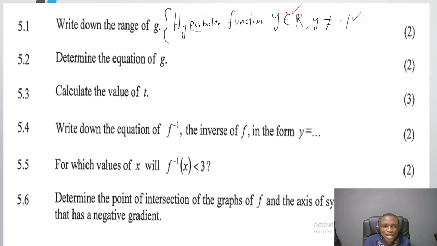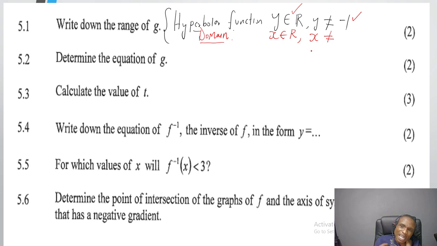Okay, now the second question. This guy now wanted the range of g, but what if he wanted the domain? Next time he might want the domain. So the domain is going to be, we say x can be any real number, but x should not be the x asymptote.